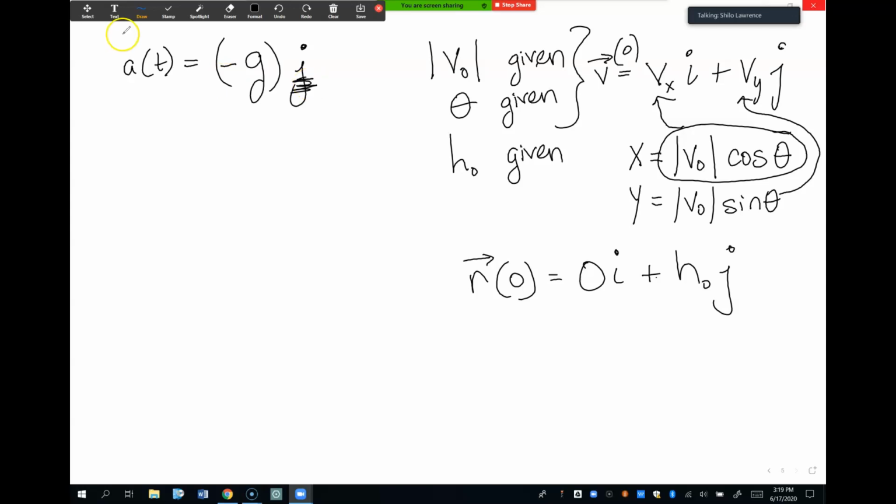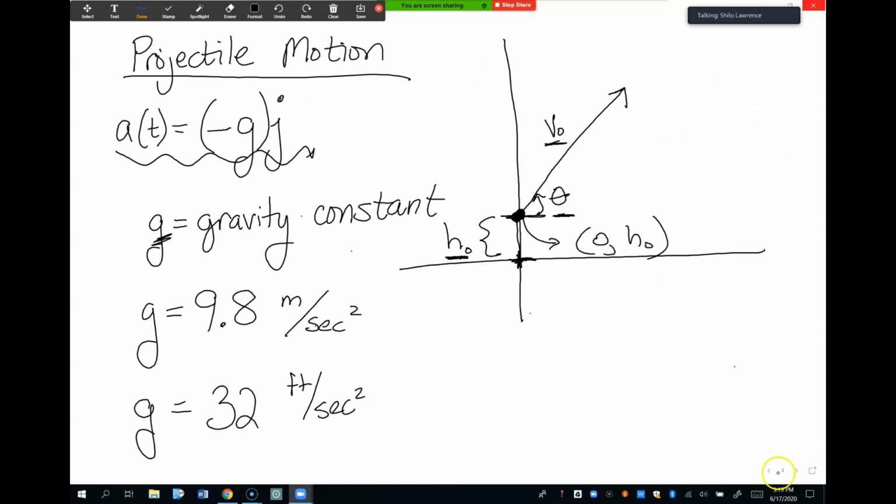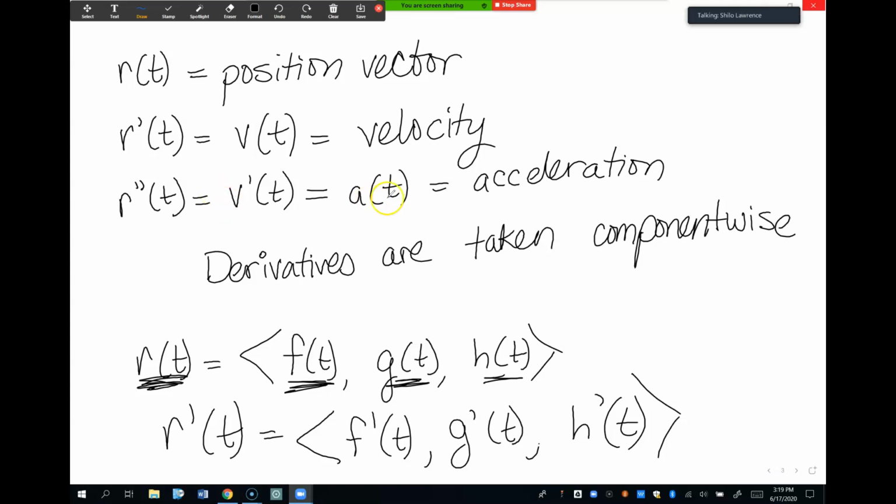I do know that if I integrate acceleration, it's going to undo a derivative. Derivatives and antiderivatives are opposite operations. Acceleration, remember, is a second derivative. So if I integrate acceleration, it's going to undo one of those derivatives. And it's going to take me back to r prime, which is my velocity equation.